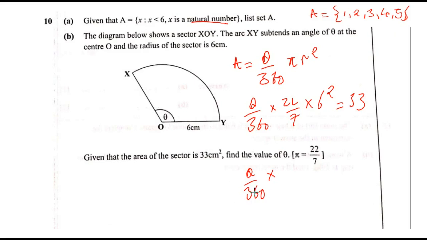To make the calculations easier, we can look at what is down here. We have 360 and we have 6 times 6 gives us 36.